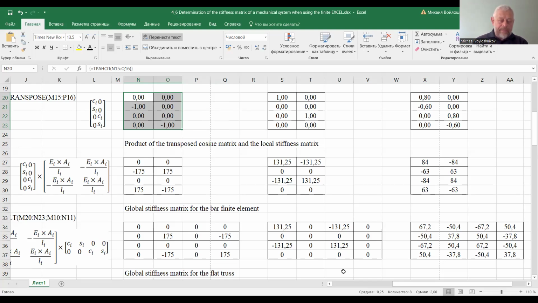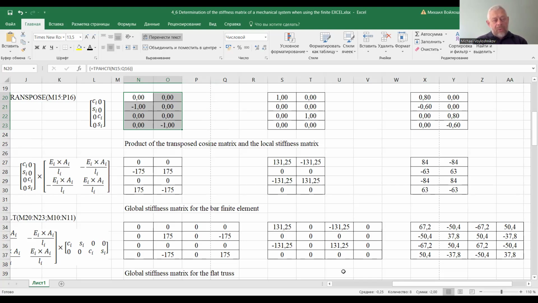On the contrary, in the local coordinate system for the hingedly connected finite element, we have only the longitudinal displacement, not the transverse displacement or the bending displacement of the ends of the finite element, in the local coordinate system associated with the truss finite element.